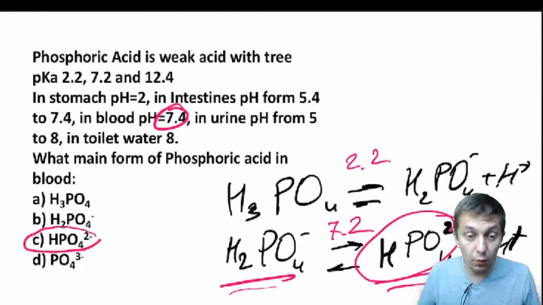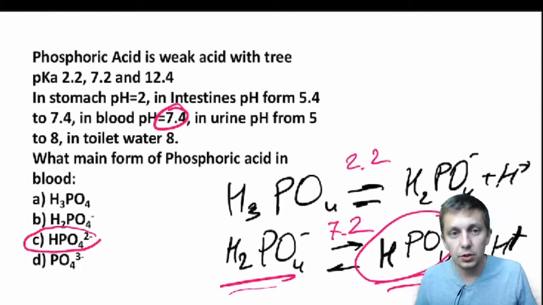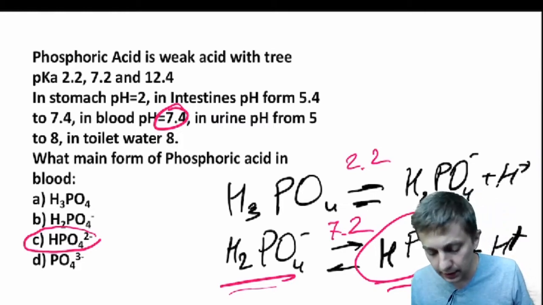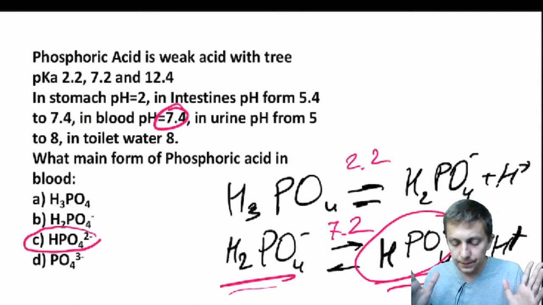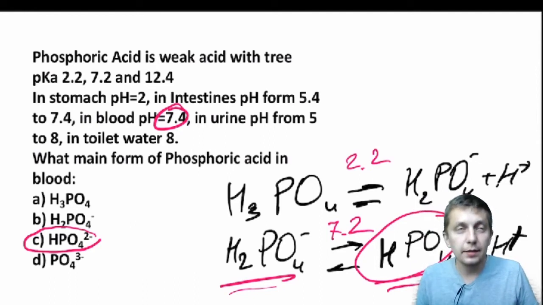So H2PO4 minus concentration is also high in our blood.